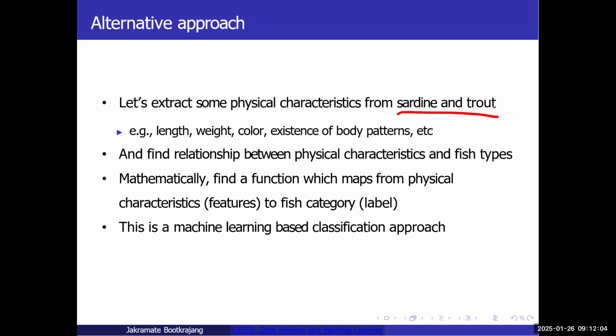Between study and trial, there are some physical characteristics that we can measure. For example, you can measure the length, the weight, also the color, and also the body pattern. And we want to find the relationship between each of the measurements that we do.